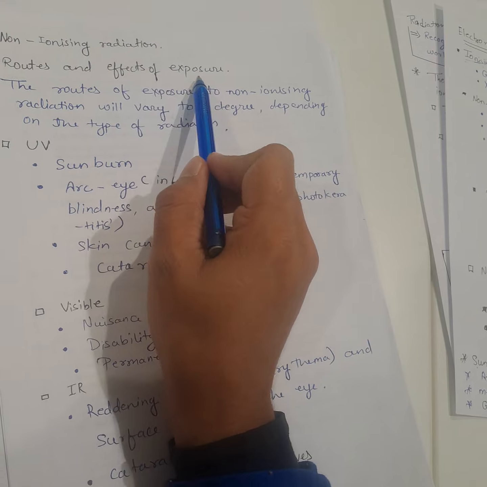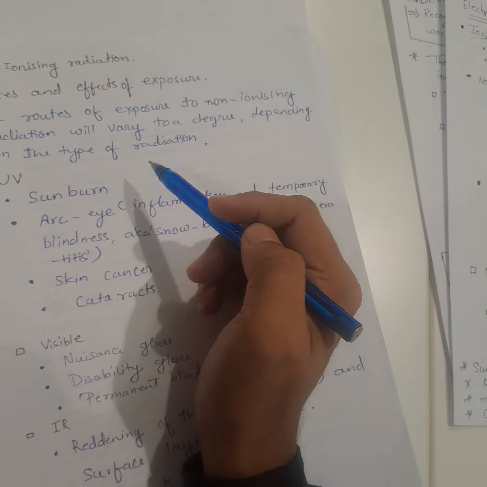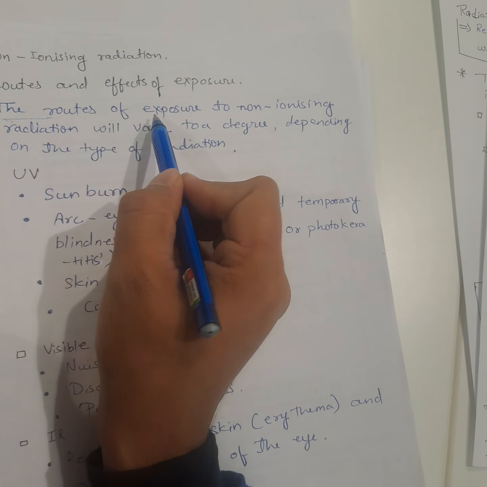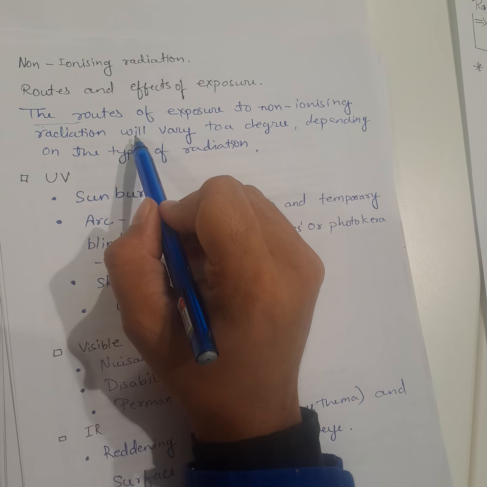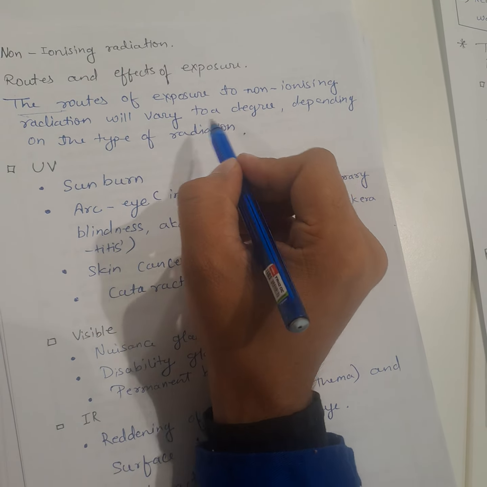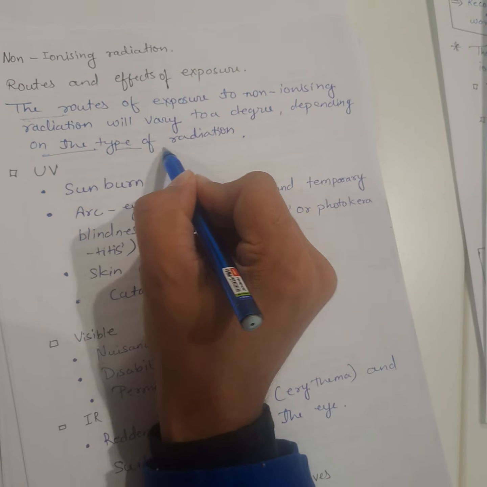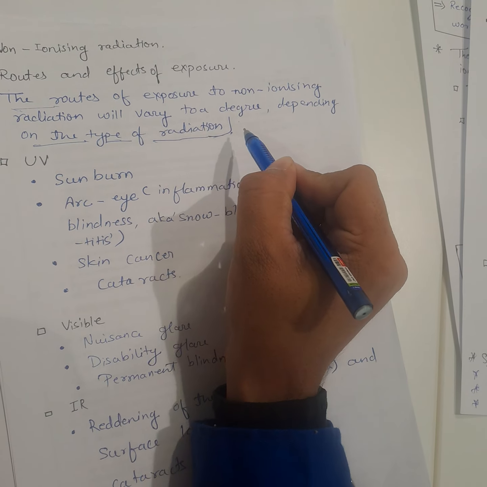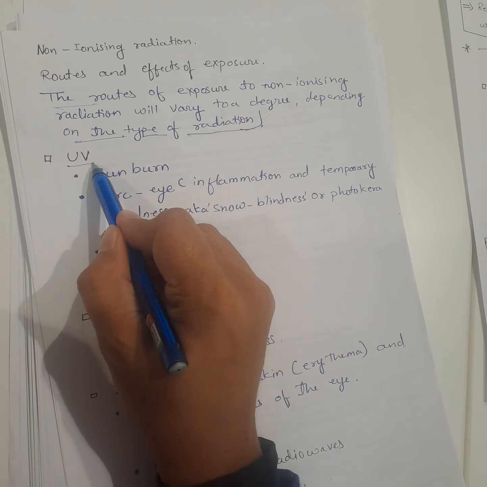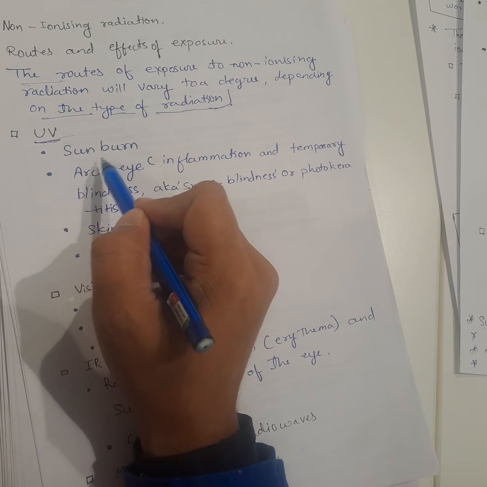Routes and effects of exposure. What are the routes and what are the effects we are going to see? The routes of exposure to non-ionizing radiation will vary to a degree depending on the type of radiation. Which type? See, UV. We all know ultraviolet rays.